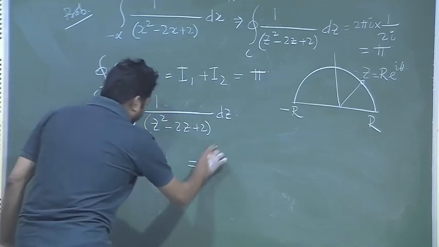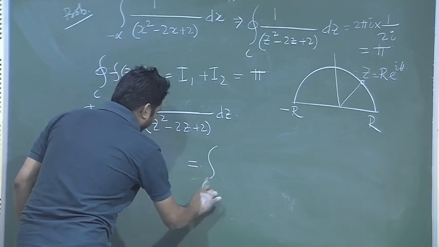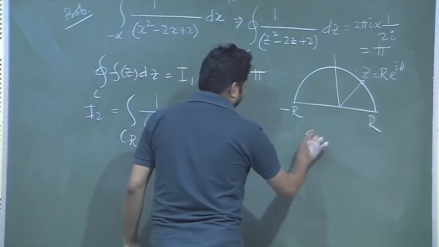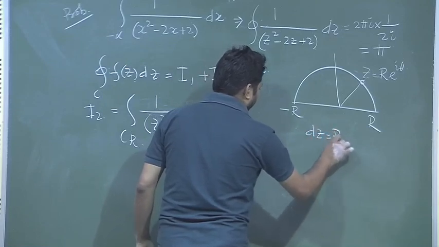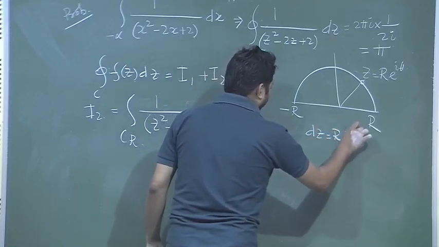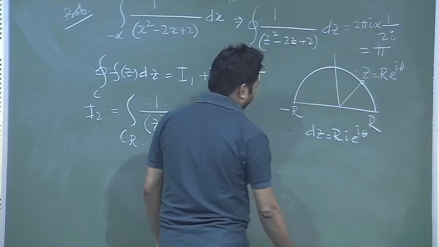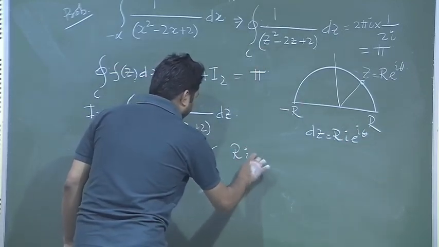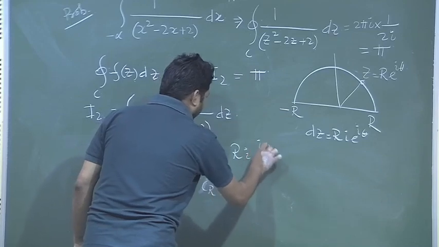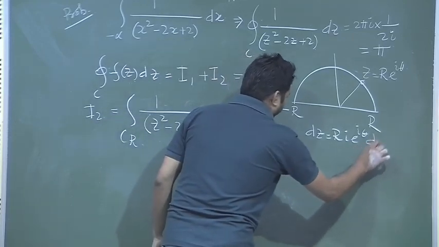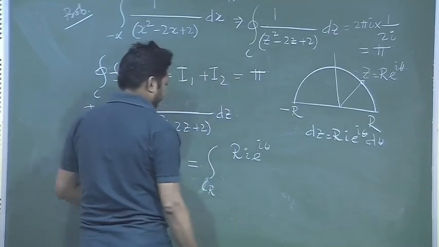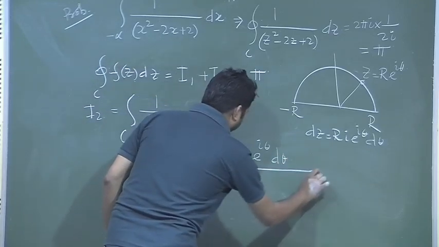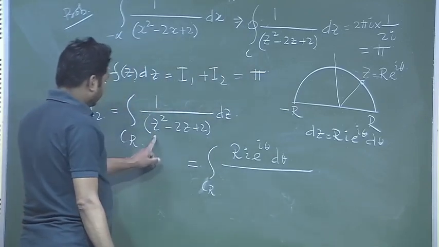Now, if I convert in terms of r over CR, dz will be r I e to the power of I theta d theta, divided by this quantity.